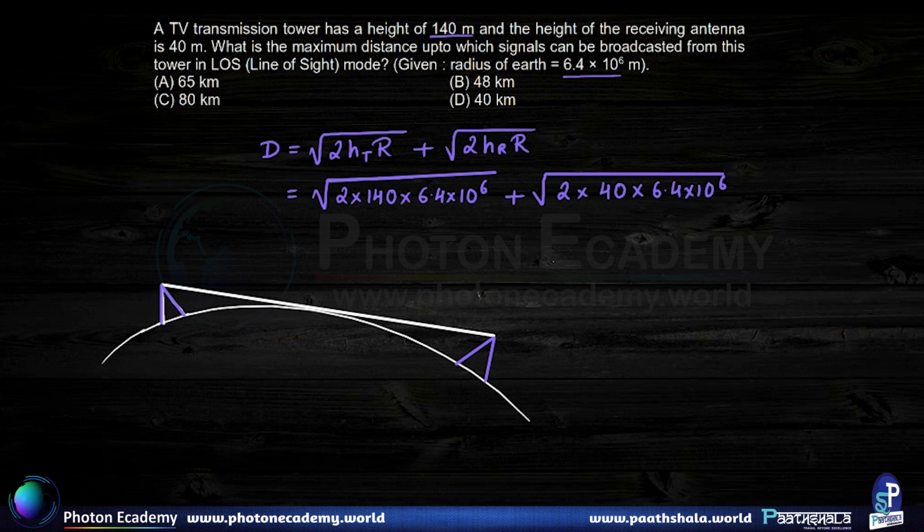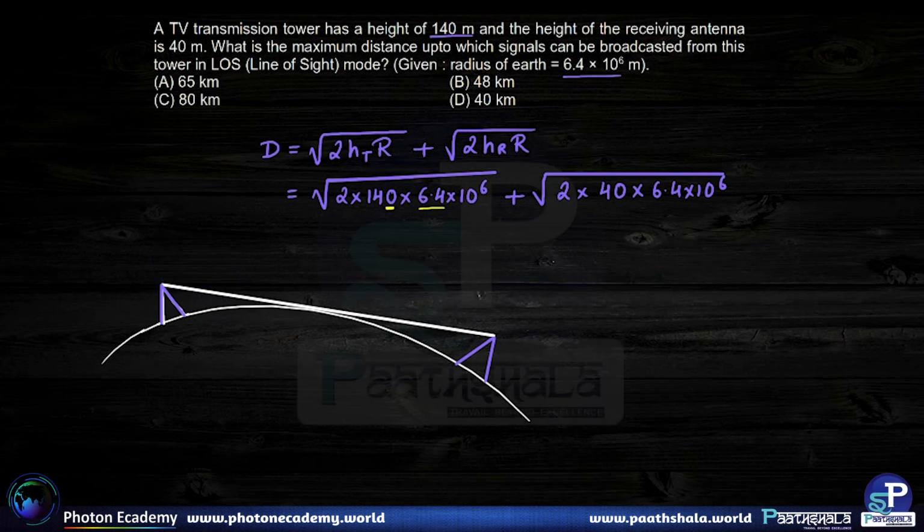Now in order to perform this calculation, we can simply multiply 10 into 6.4, we'll get 64, and the square root of 64 happens to be 8. So we'll be left with root 28 over here. The root of 10 raised to 6 is 10 raised to 3. So 8 into 10 raised to 3 is simply taken outside.